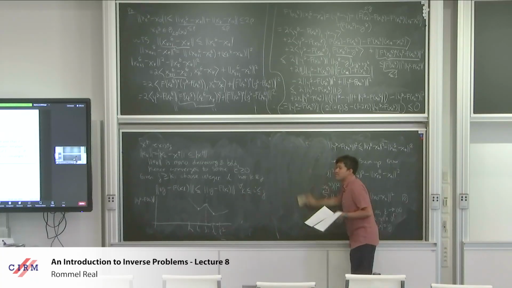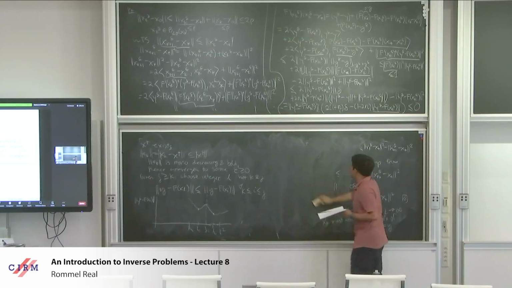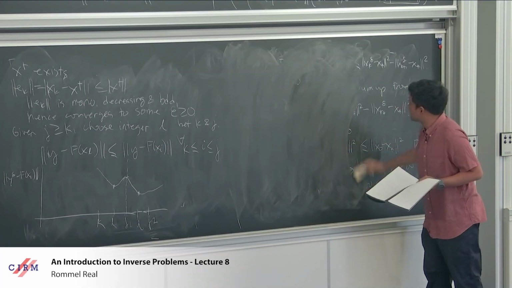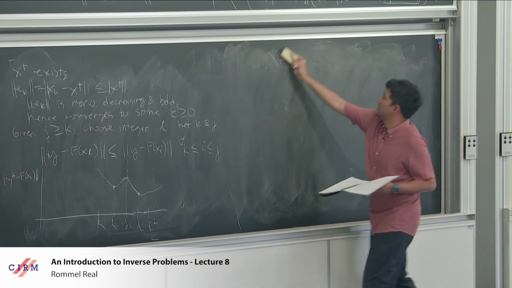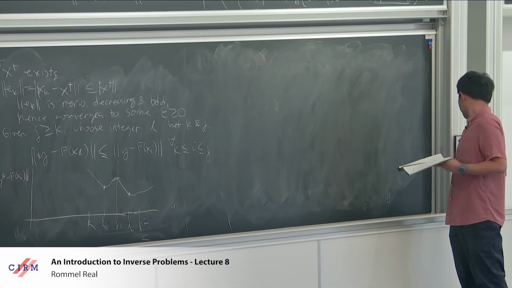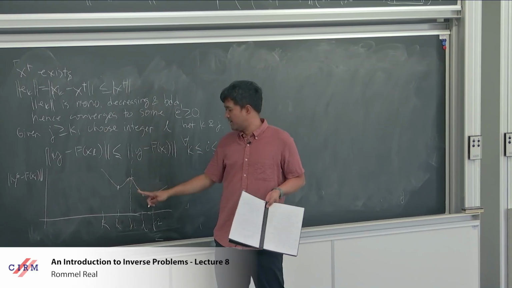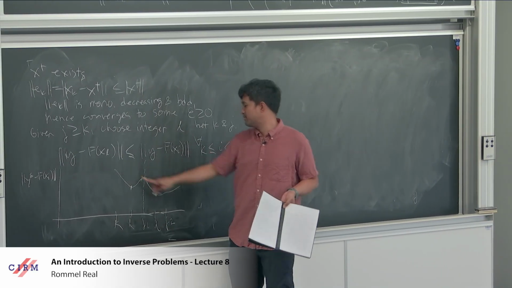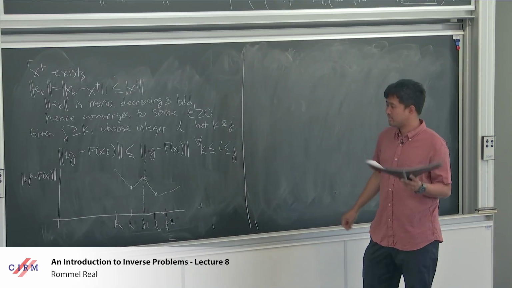Though it doesn't mean it's monotonically decreasing to 0, that's only for the errors. For the residuals, it may not be monotonically decreasing, but we know it converges to 0. The residual could increase in some way, but in the long run, it must converge to 0.